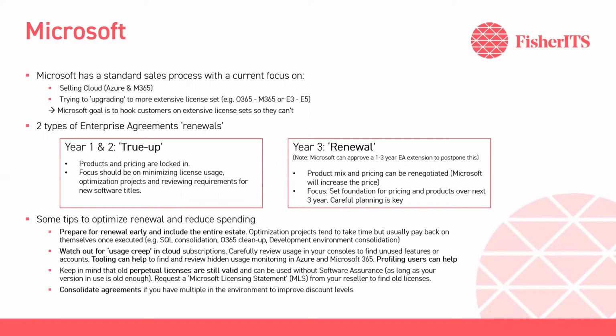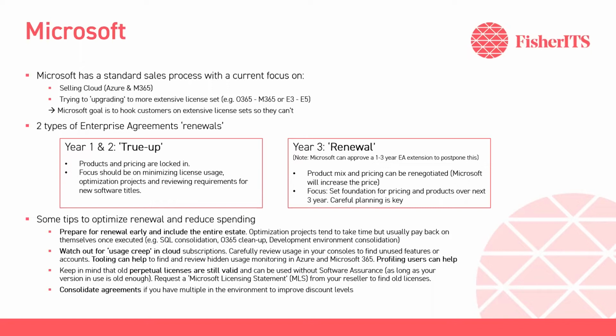Now, when you're renewing, the most common agreement is still the enterprise agreement. A vast majority of medium to large size businesses have at least one of those, if not multiple. There's two components to this. So obviously, often this will get mixed, where people call everything a true up or everything a renewal. In specific term, usually what will happen is year 1 and 2 is the true up, where your agreement stays valid exactly the same.